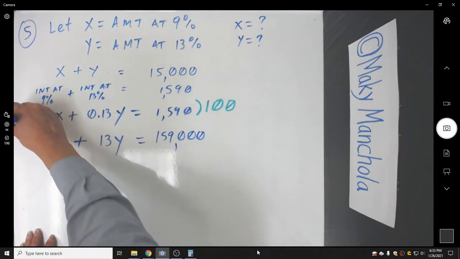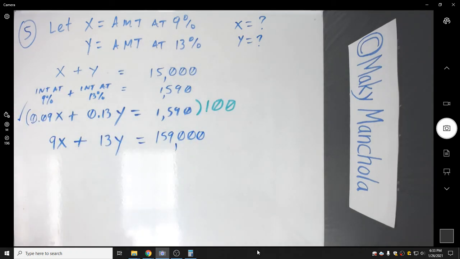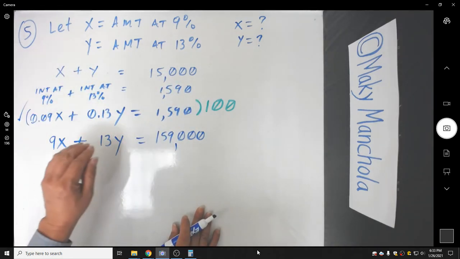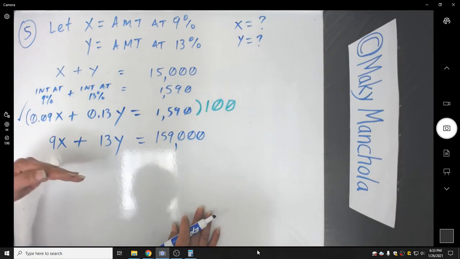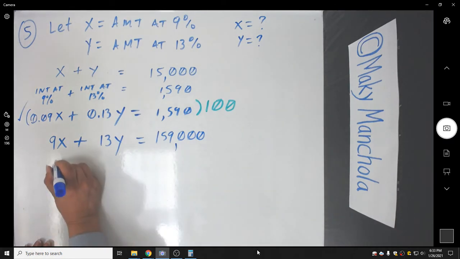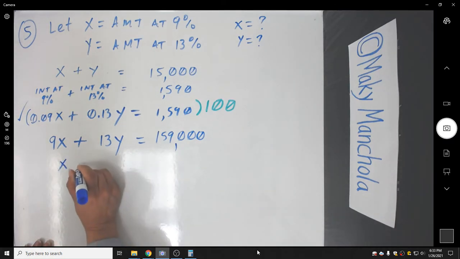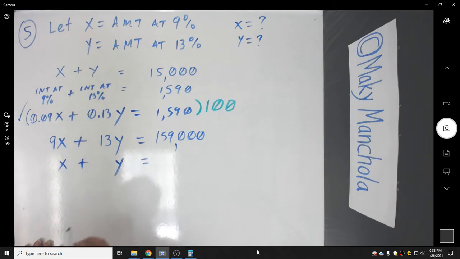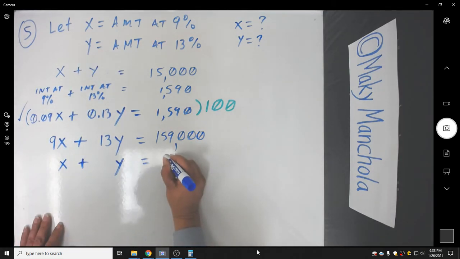Okay, so that took care of getting rid of the decimals in the second equation. The first equation has no decimals, so we just copy it. Let me put it as the second equation this time, because the elimination will be our next step, and having it second makes the elimination simpler to perform.